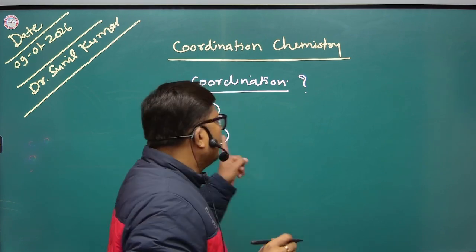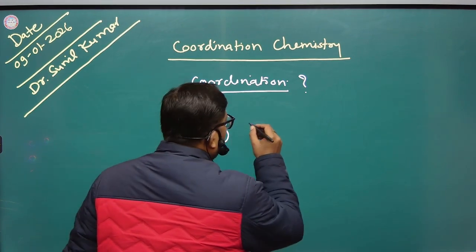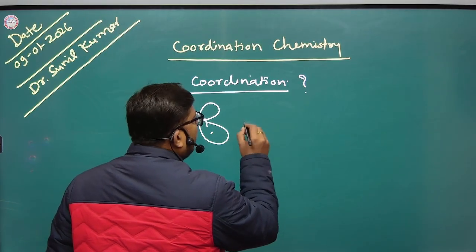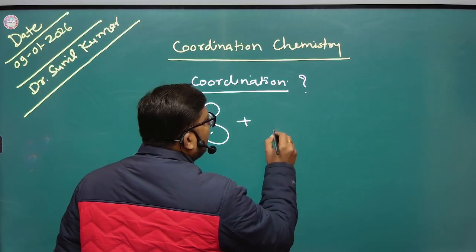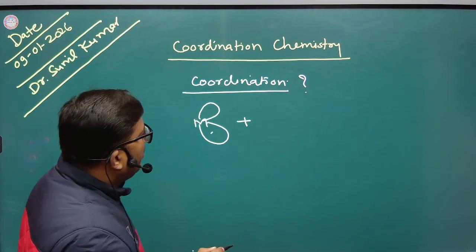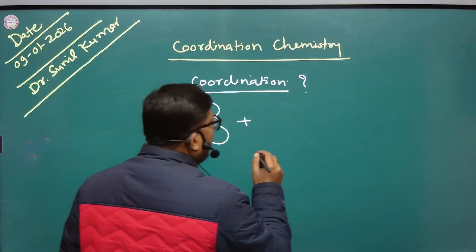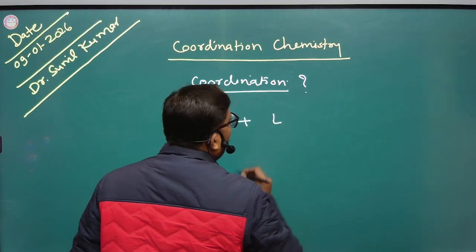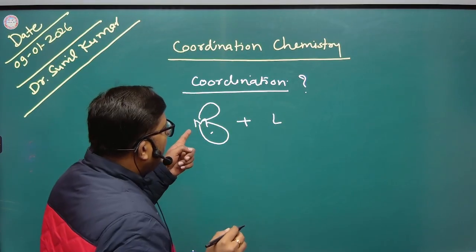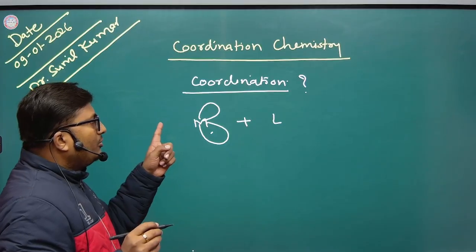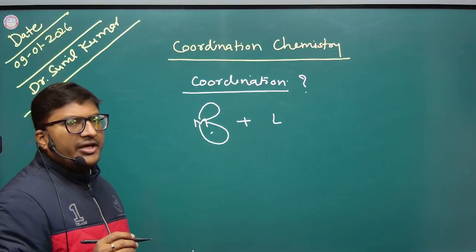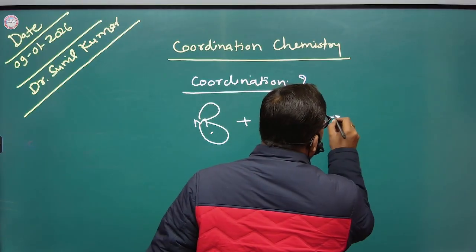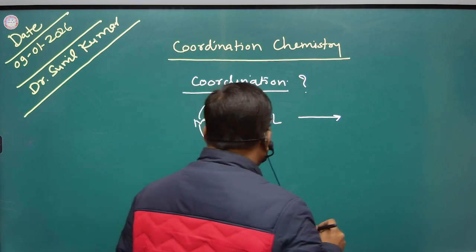Okay. So this is vacant, right? Here we have another molecule called a ligand, which acts as a guest molecule. This metal is called the host molecule and L is called the guest molecule. The overlapping takes place like that.